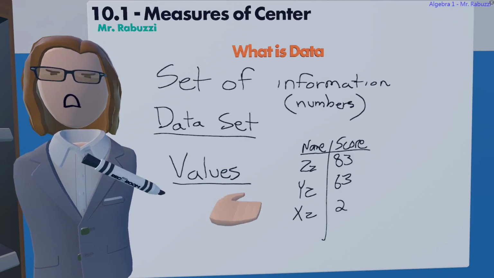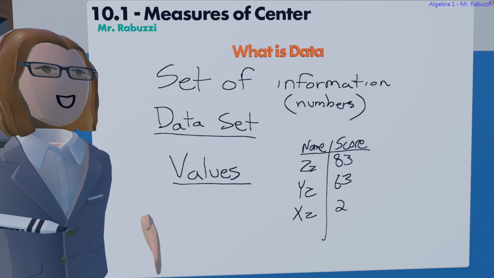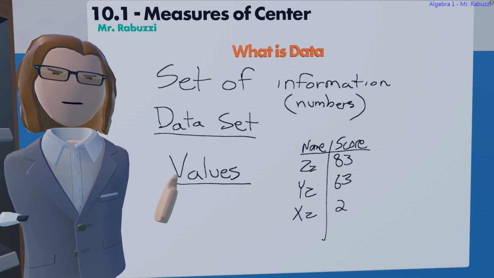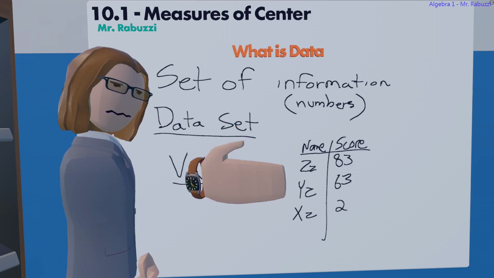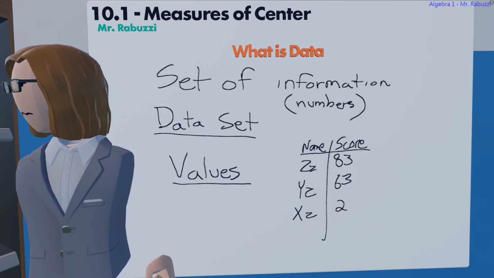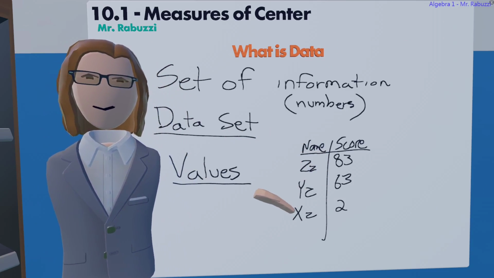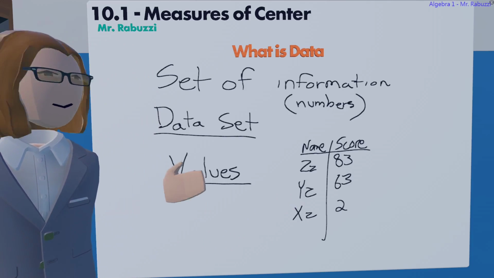So this is just a little quick reminder about what is data. So today we're going to be working with a group of data, right? We'll get an example that has a list like I just drew, right? There might be 15, 20 names and 15, 20 scores. There might be 5.